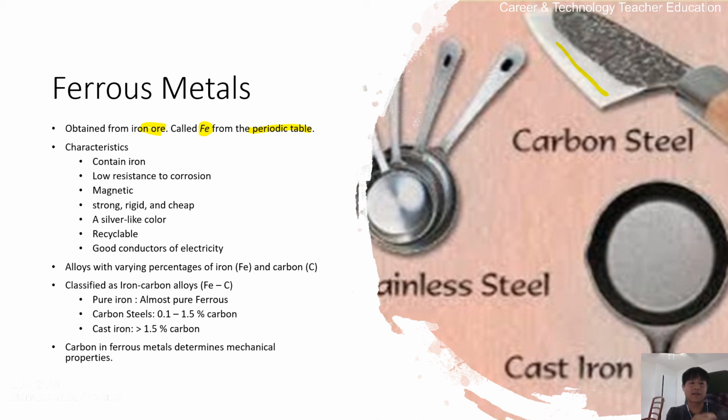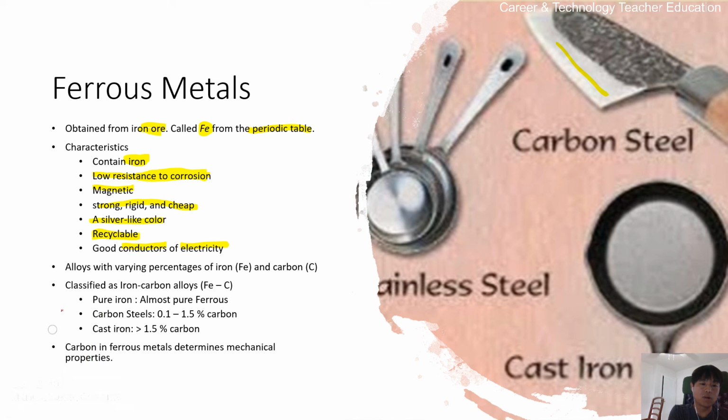Ferrous metal has characteristics such as, first, it contains iron, that is the first requirement. Second, it has low resistance to corrosion, meaning it does not corrode easily. It is magnetic and strong, rigid and cheap, with a silver light color, as you can see. It is also recyclable, because ferrous metal can be melted and reshaped.